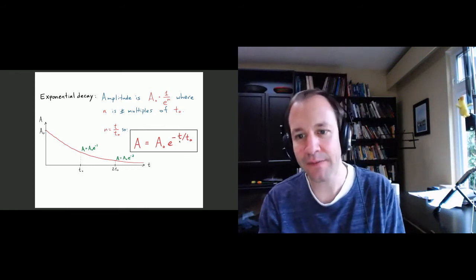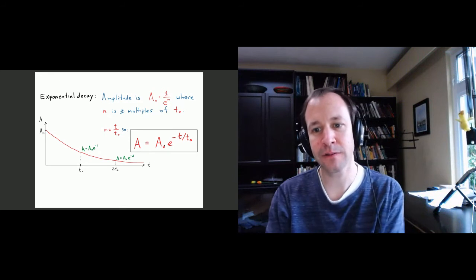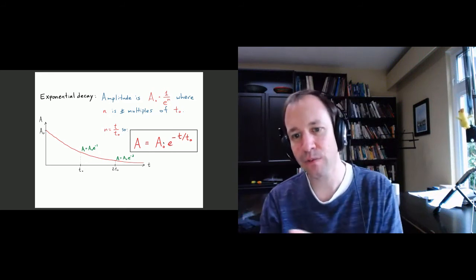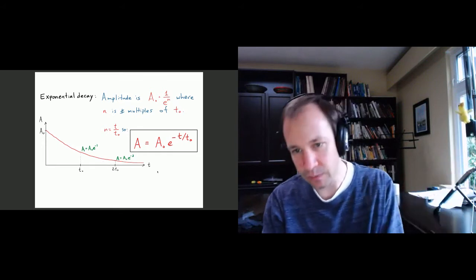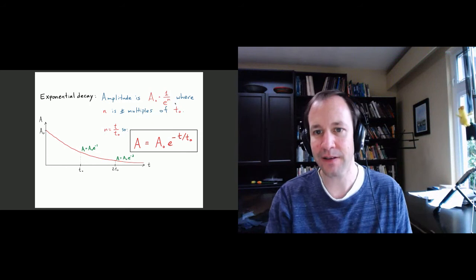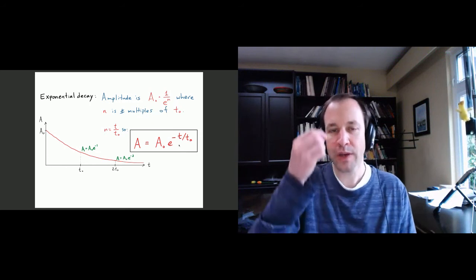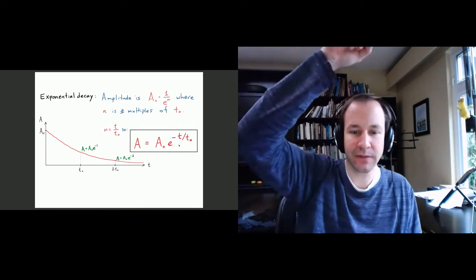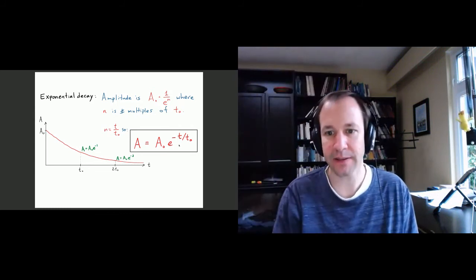We can check: if we plug in t equals t0, we get A0 over e. If we plug in t equals 2t0, we get A0 over e squared. That's what we wanted. But this is a little bit nicer than the other version, because we can apply it to any continuous time, regardless of whether it's a multiple of t0 or not.